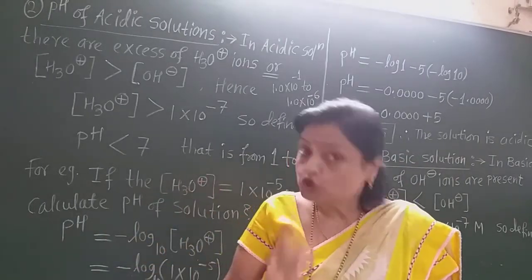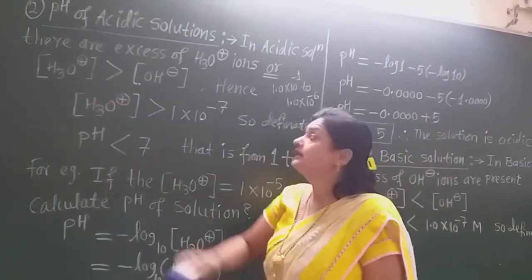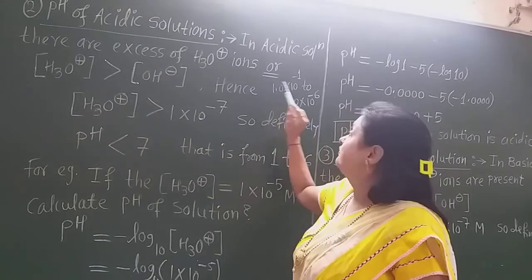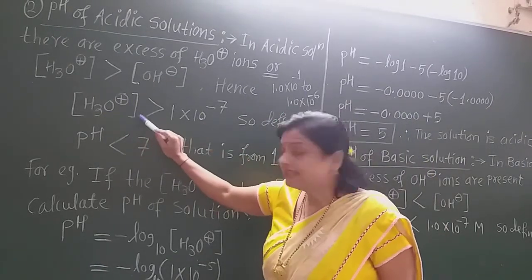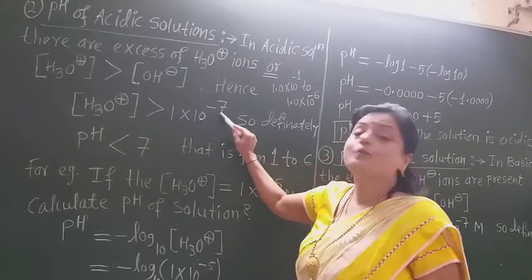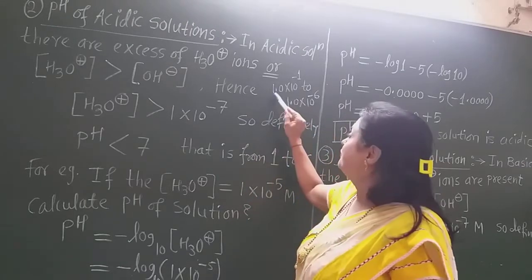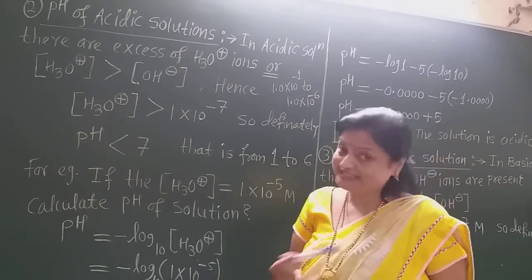Remember that. So, as the H plus ion concentration is more, it is always greater than 1 into 10 raised to minus 7. And what is that value? 1.0 into 10 raised to minus 1 to 1.0 into 10 raised to minus 6.